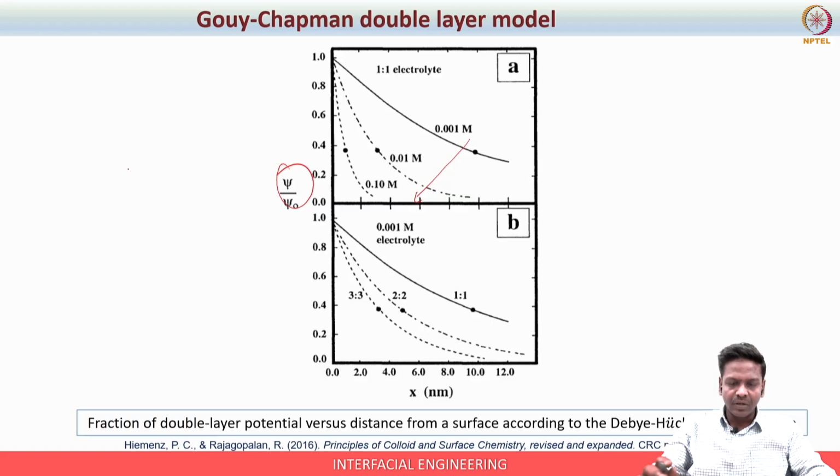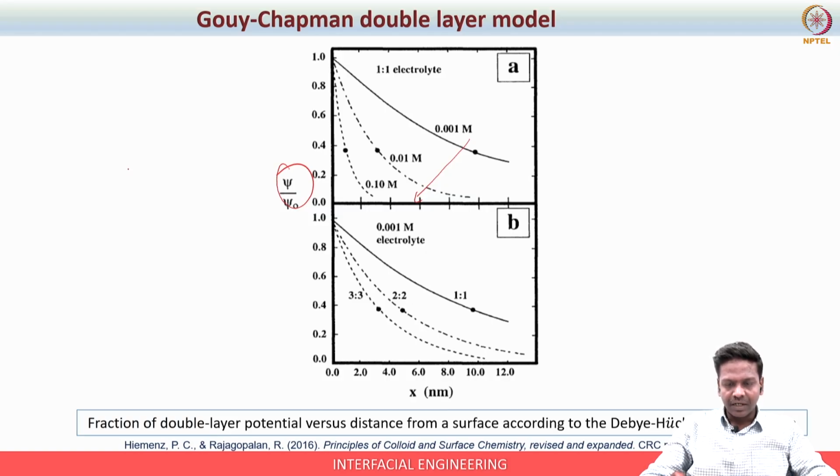For the highest salt concentration, the distance up to which the fraction of double layer potential varies is actually less as the salt concentration is increased. This can be attributed to the screening of the charges by the salt concentration.